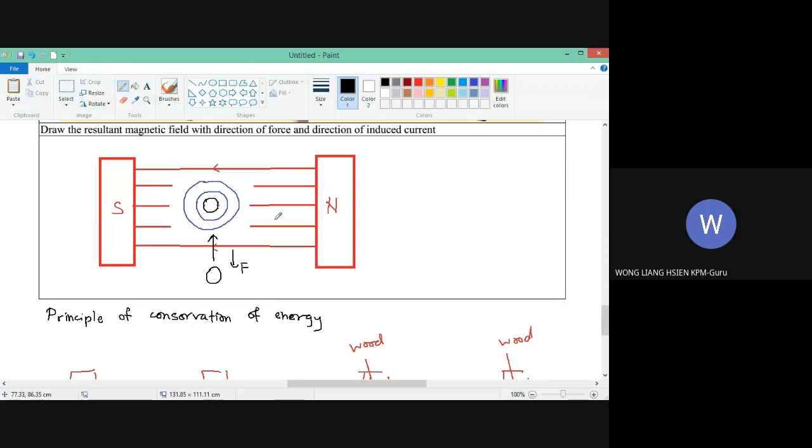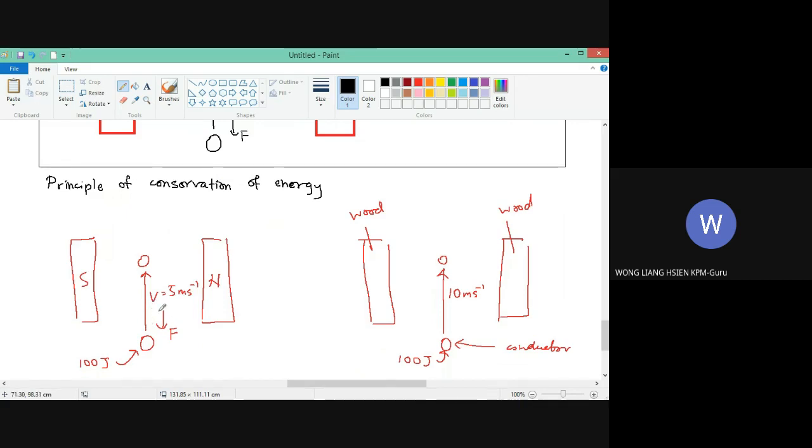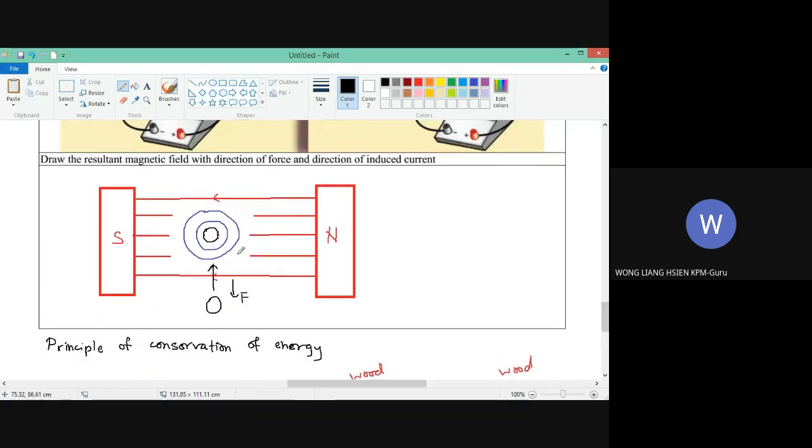That means the opposing force we feel when we want to push in, we feel difficult to push in. So where does this opposing force come from? It must come from the combined magnetic field of the field produced by the current and the field from the permanent magnet.